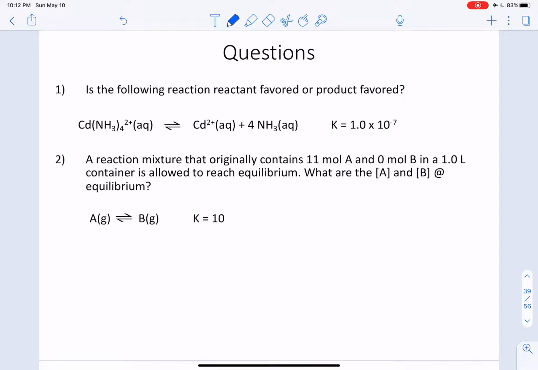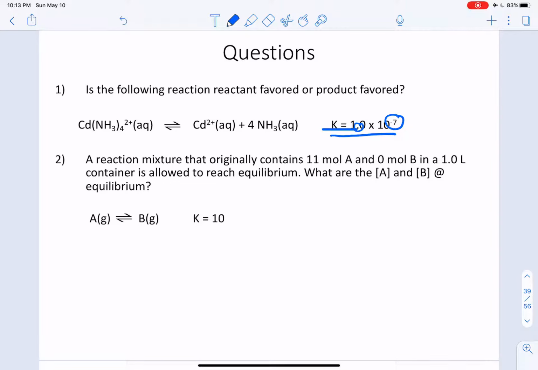And so if we want to know if something is reactant favored or product favored, what we would do is look up the K. But you don't even have to look it up because I've put it right there for you. Now, is K less than 1, about equal to 1, or greater than 1? Well, the exponent right here is a -7, so that would mean you'd be moving this decimal over 7 spots.